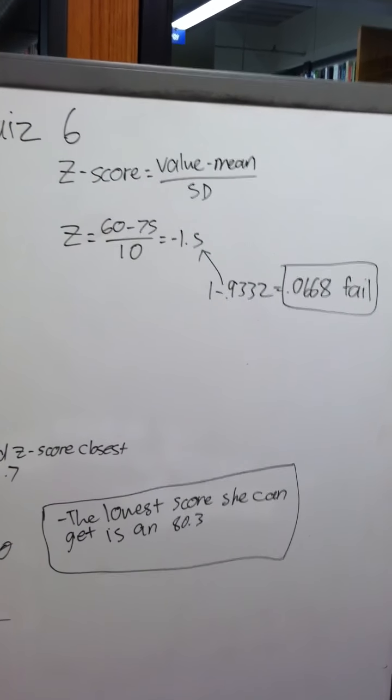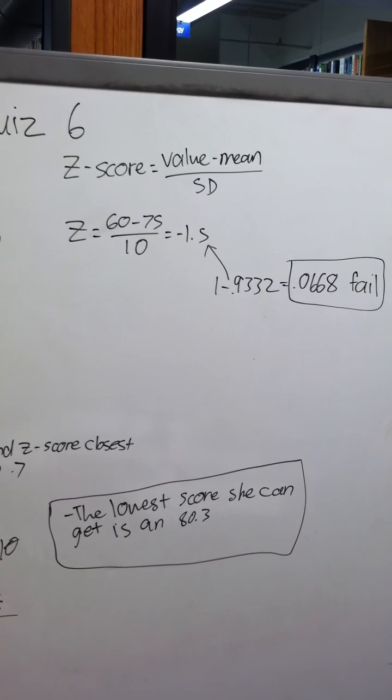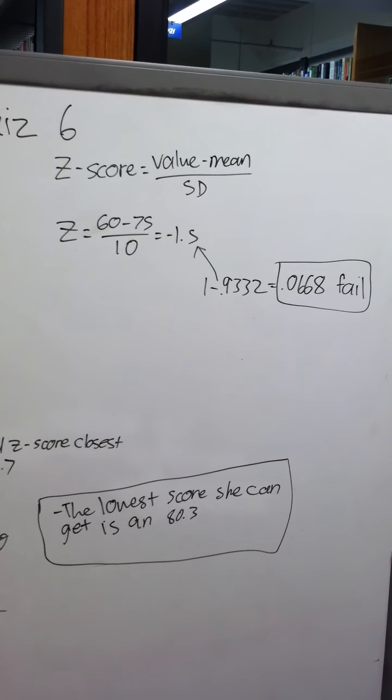We can plug that in to find a z-score. So in this case, z would equal 60 minus 75, divided by 10, which gives us a z-score of negative 1.5.